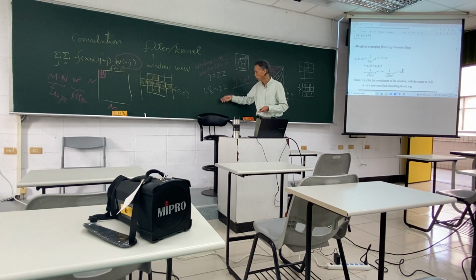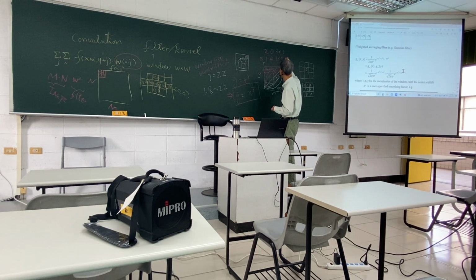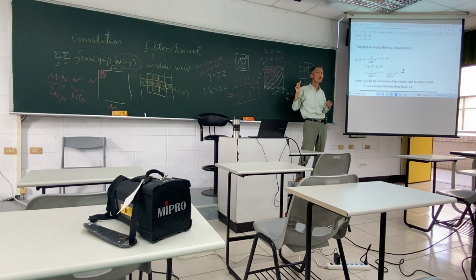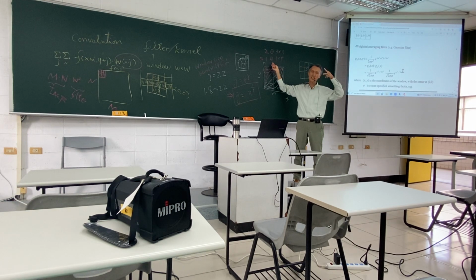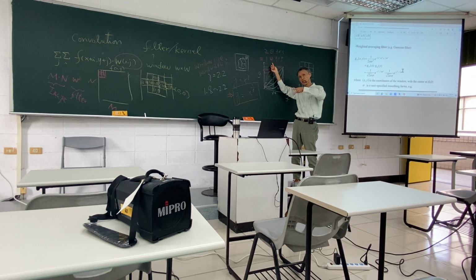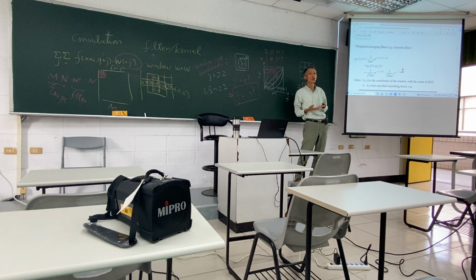So if you go for two times of 3 by 3, it might be equivalent to one single pass of 5 by 5. I won't say they are exactly the same, but they might have a similar effect for small things.